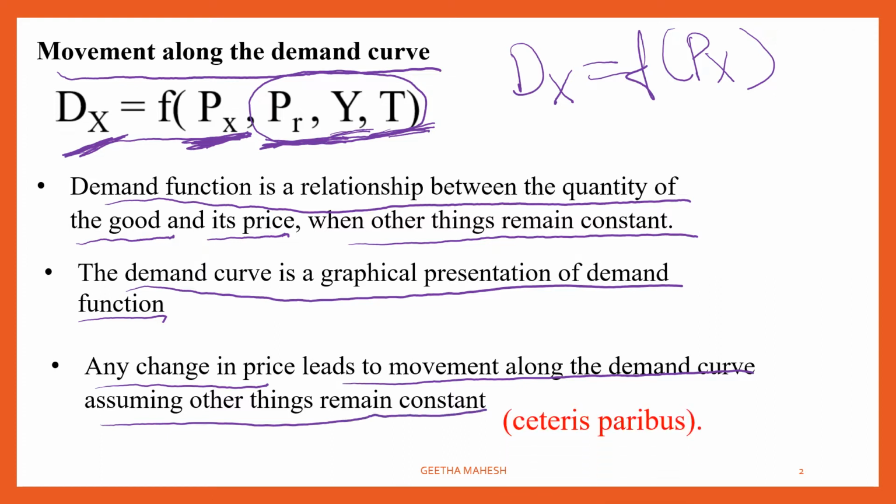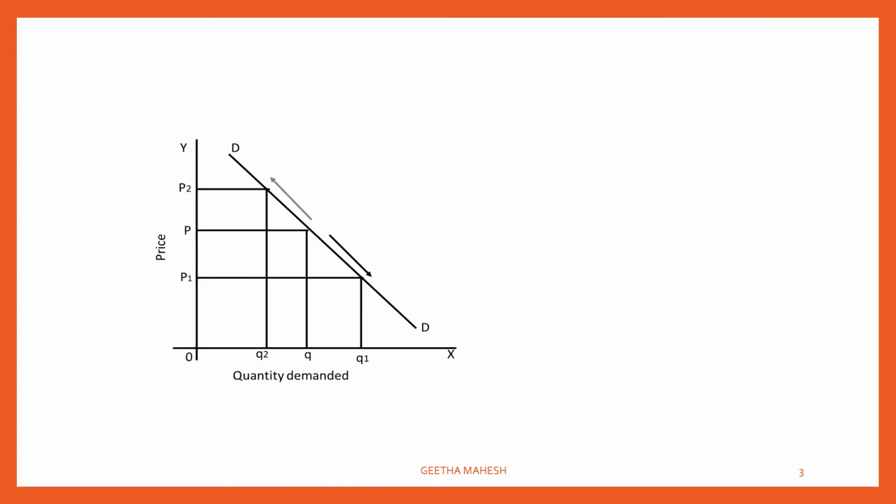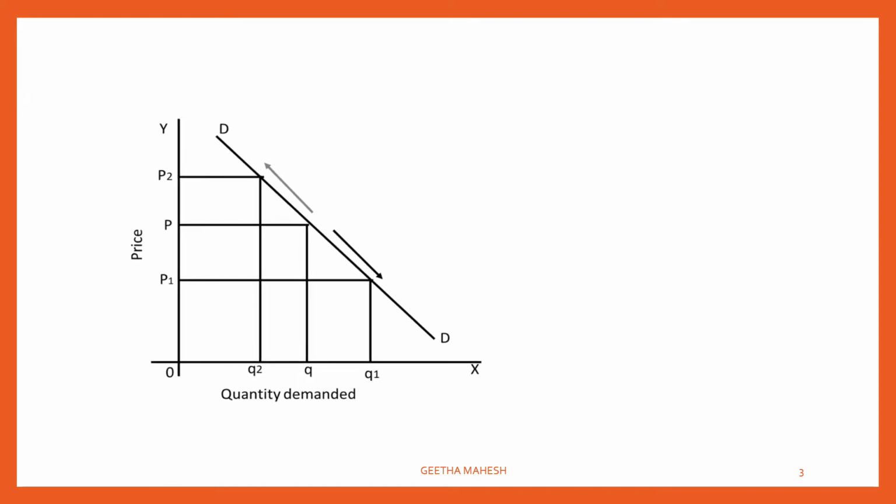This is also known as ceteris paribus in economics. It means other things being equal, other things being the same, or other things remaining constant, we call it ceteris paribus.